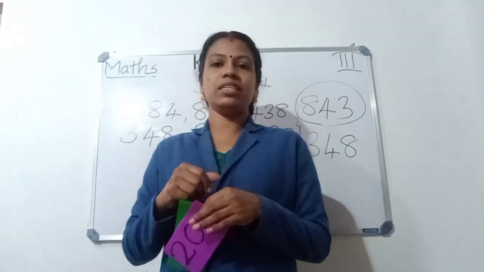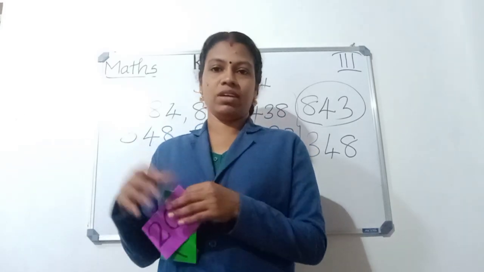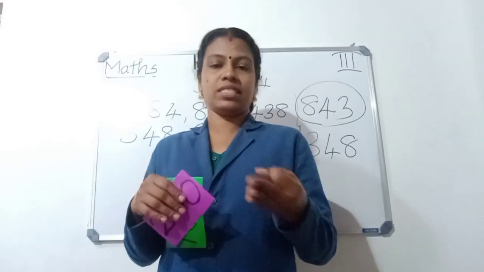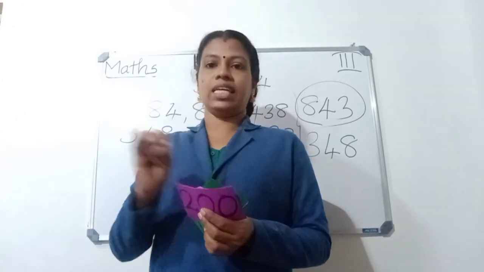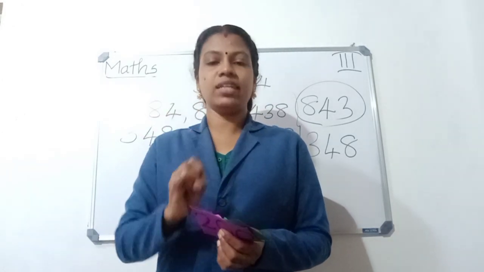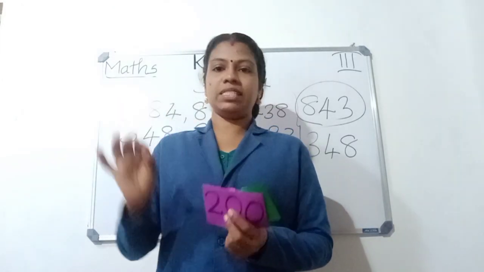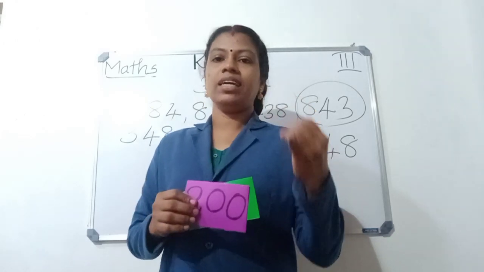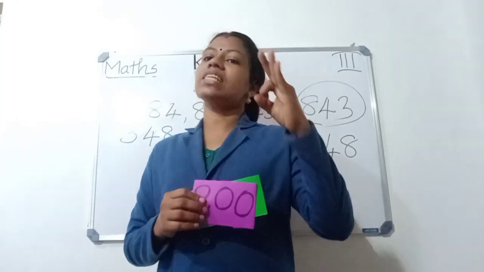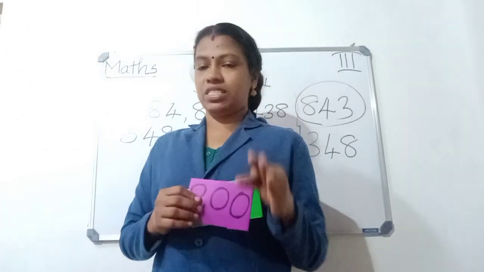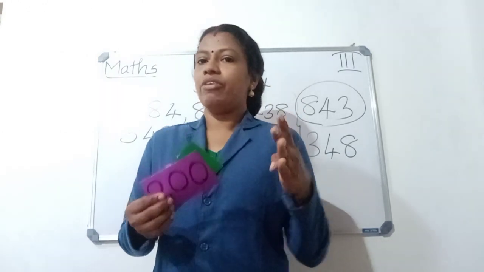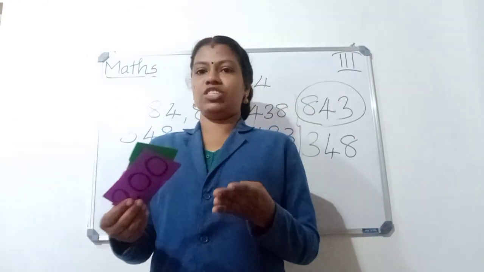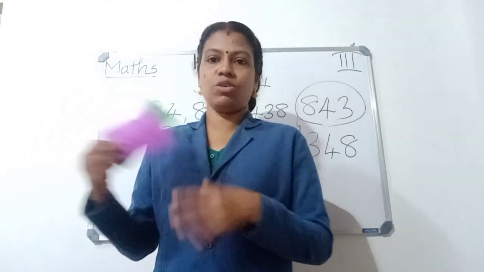Like 500, 5th century. And so on. Only these 3 hundreds, 100, 200, 300, have special names. Century, double century, triple century. Like 4th century, 5th century. And so on.